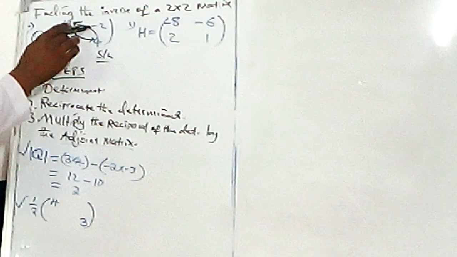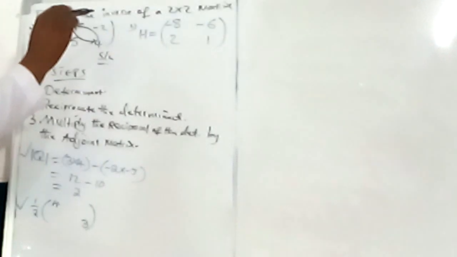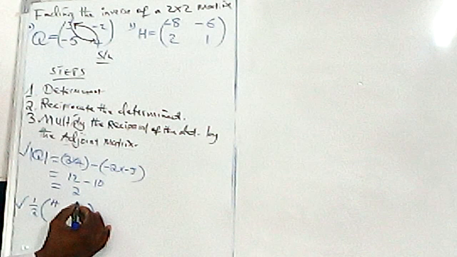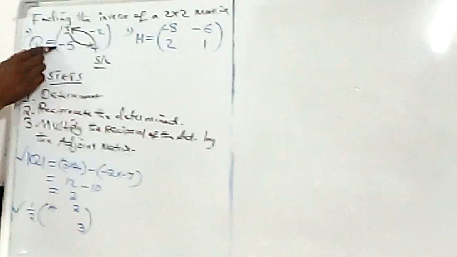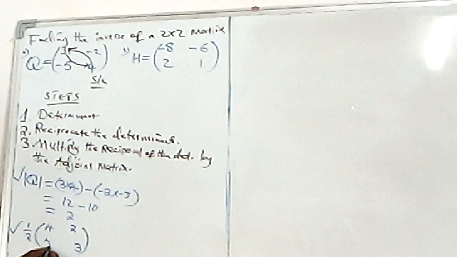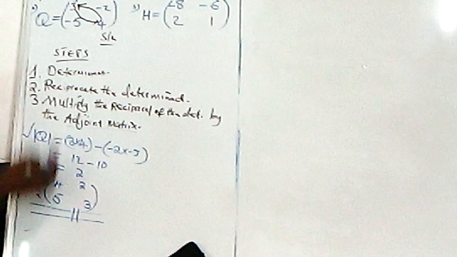So if this negative 2 is multiplied by a negative operation, it will be minus minus, and that will be a positive. The same is true of this one. If you multiply negative times negative, that will be positive 5. Therefore, this is the inverse of this particular matrix.